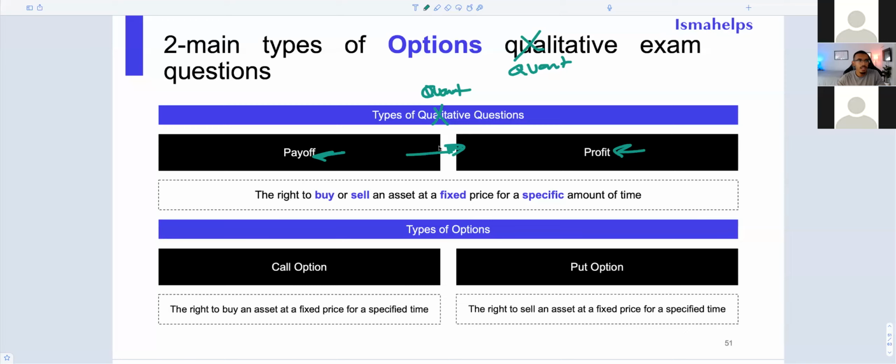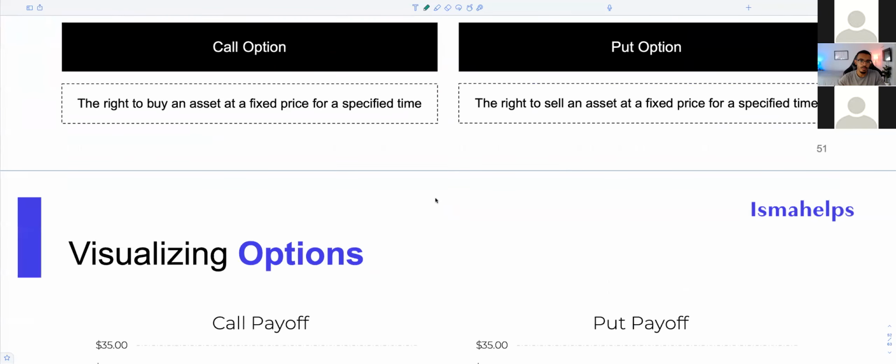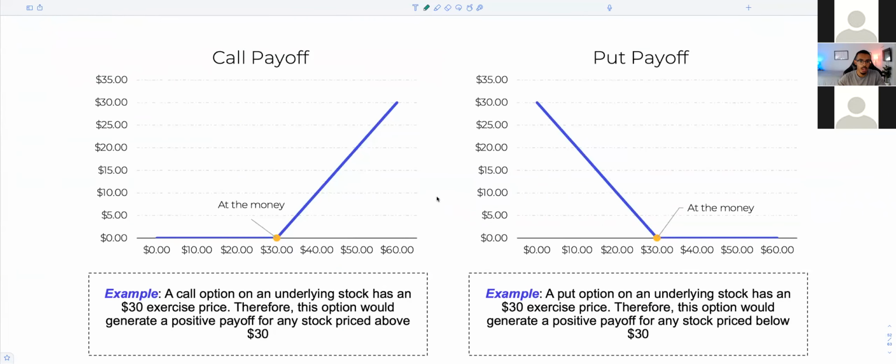This might seem strange at first, but with a simple visualization technique, it could make more sense. It's going to give you more intuition when actually solving for your payoff, profit, and building your payoff diagram. So here's an attempt to visualize options.